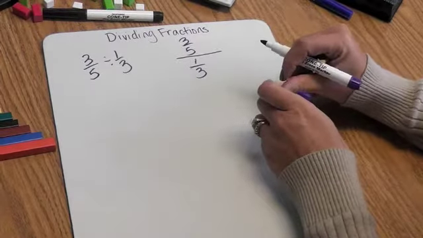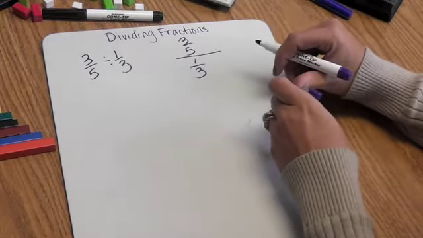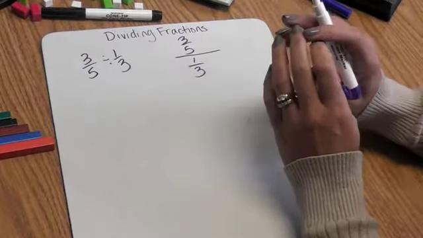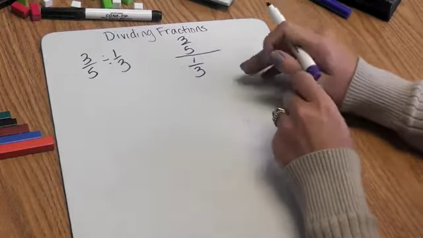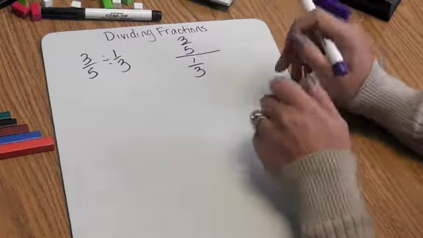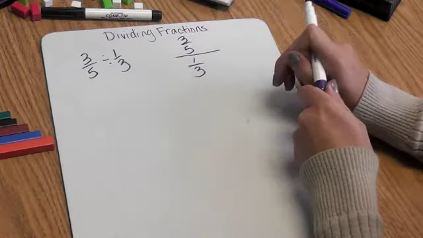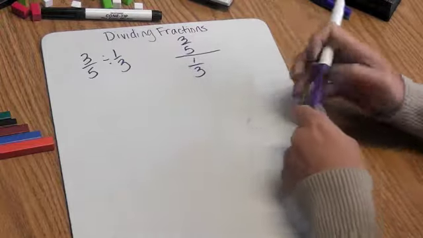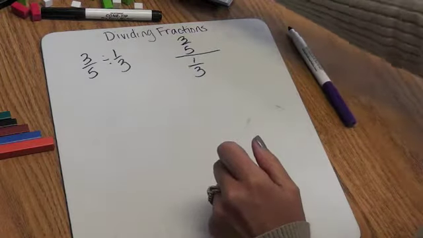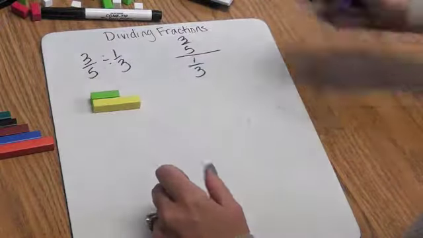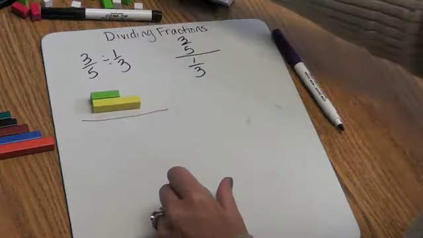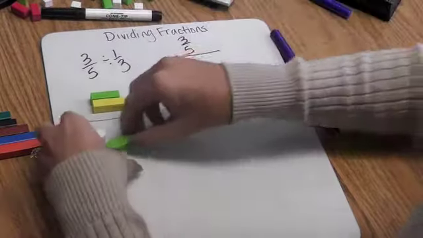Now it's important to remember when we're working with fractions and equivalent fractions that there is a number one rule that we cannot forget: whatever we do to the bottom, we do to the top, and vice versa. So keeping that in mind, I'm going to build my fractions here. So I have 3/5, and I'm dividing by 1/3.